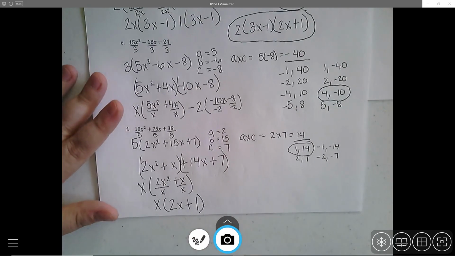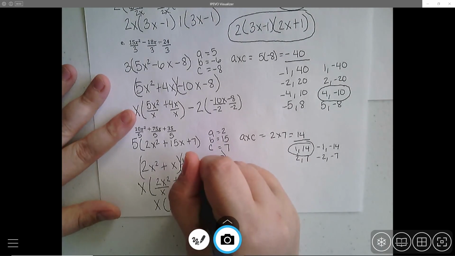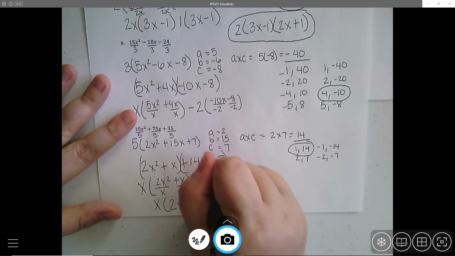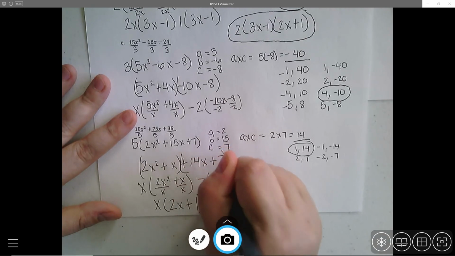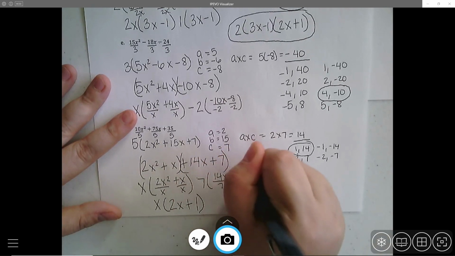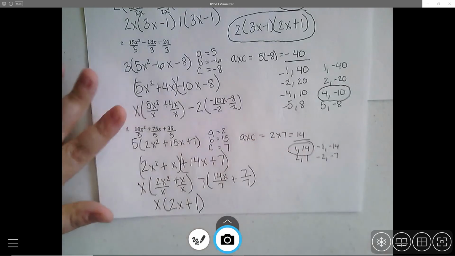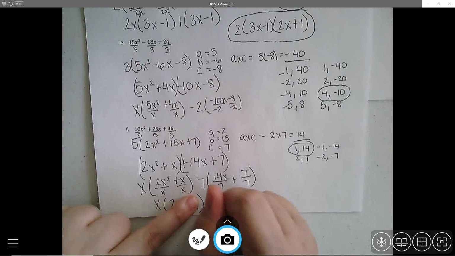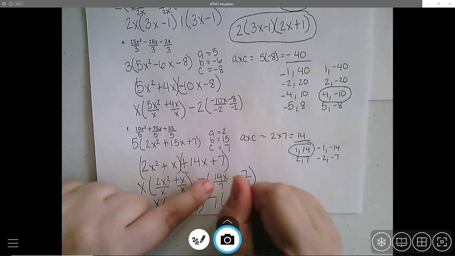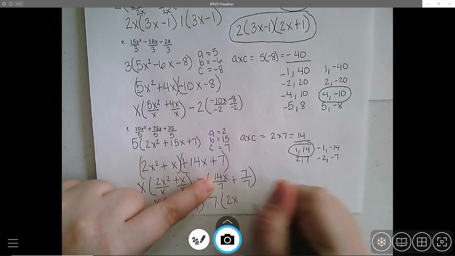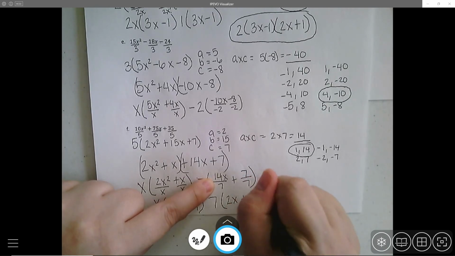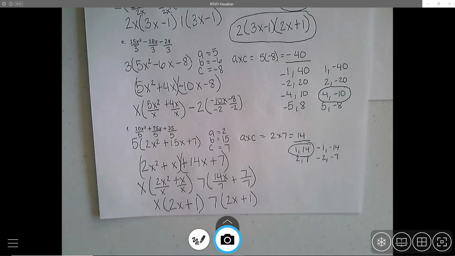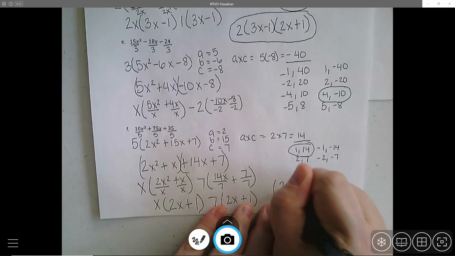Okay, out of 14x plus 7, my GCF would be a 7. 14x divided by 7 plus 7 divided by 7. Take your original, divide by your GCF. 14 divided by 7 is 2x plus 7 divided by 7 is 1. 2x plus 1 in parentheses, they're the same.